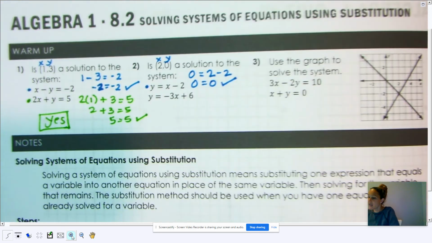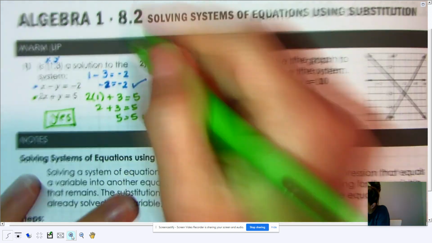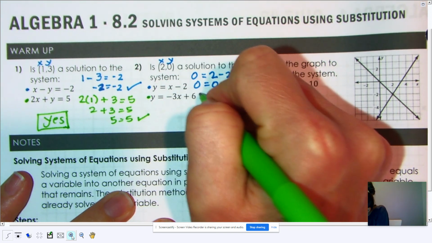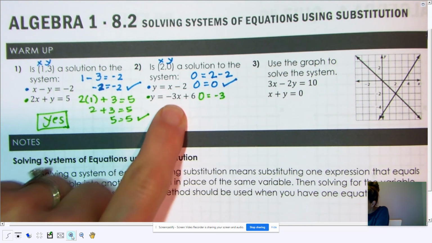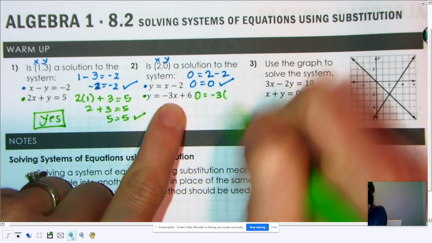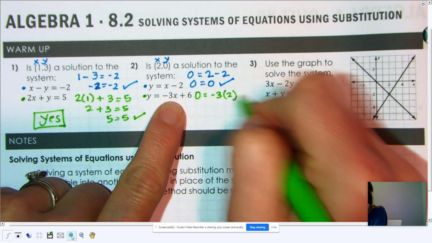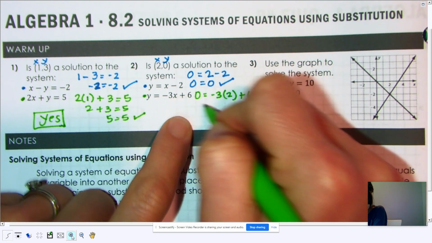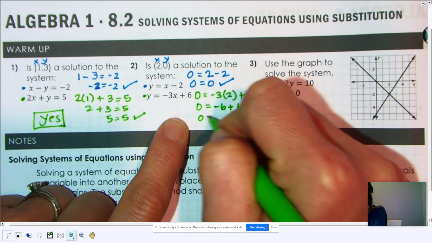So that one works. Now I need to check the second equation. I'm going to plug in 0 for y. I'm going to write that -3 right there. Then instead of x, because we have a number touching a letter, that means multiplication, so I'm going to use parentheses. Then I'm going to write the +6 at the end. So I have 0 equals -6 plus 6, so I get 0 equals 0.